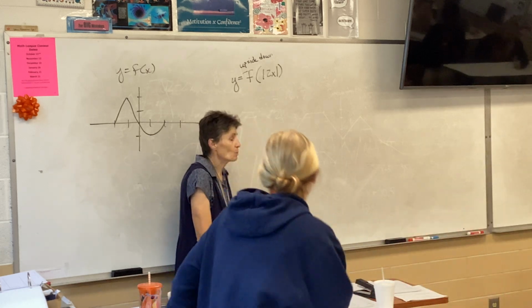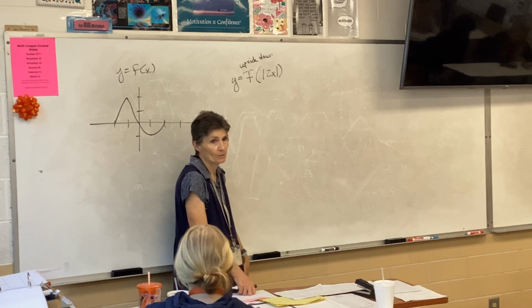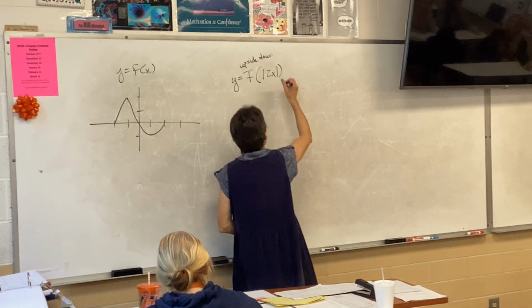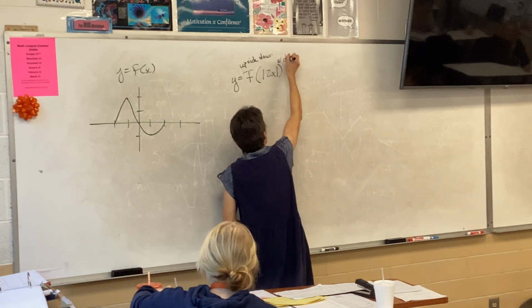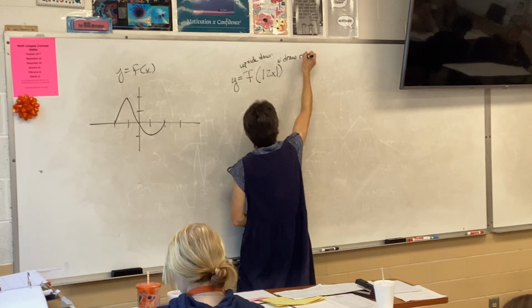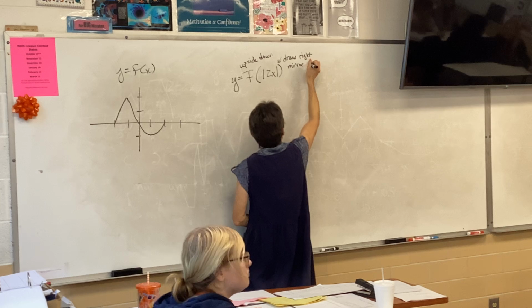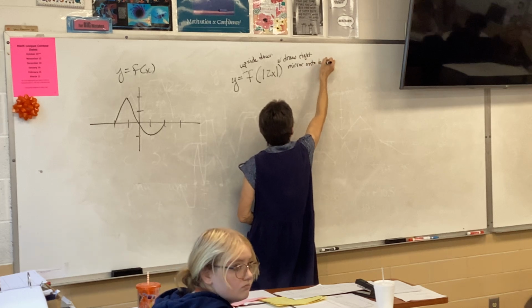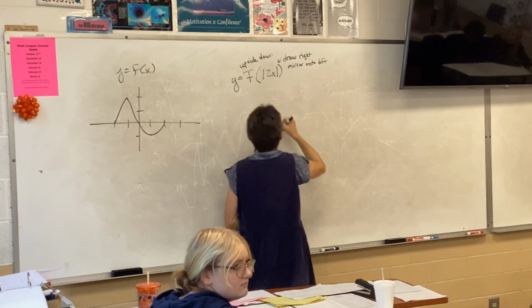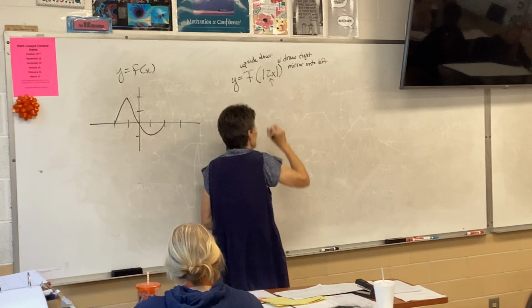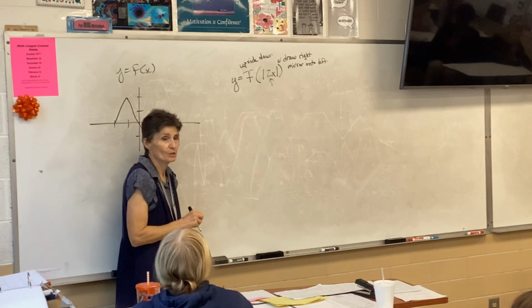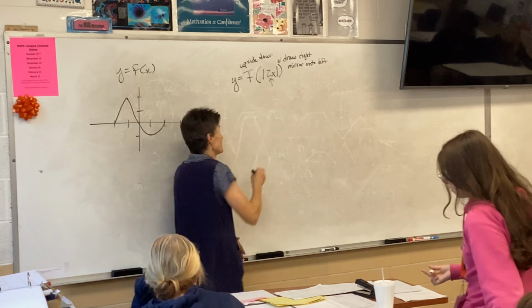And what happens when x is in the absolute value? It reflects. We draw right and mirror left. Mirror on the left. And then we got a 2 stuck in there too. What does that 2 do? Divides the width.